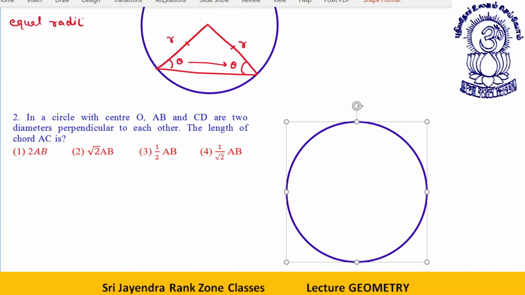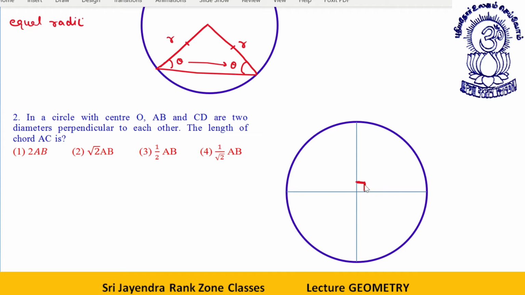Now we are being given two diameters which are perpendicular to each other. Okay, let me take one more diameter. This diameter is perpendicular to this diameter. So this angle is 90 degrees.